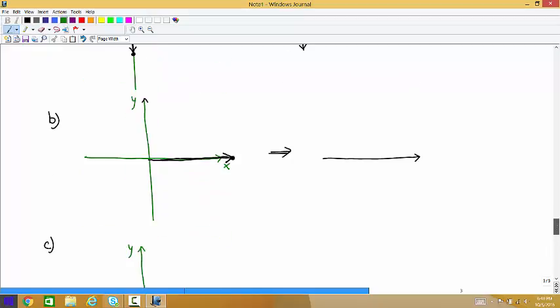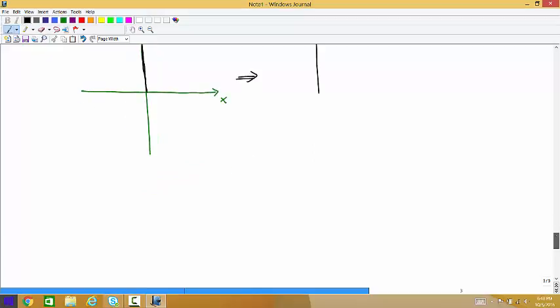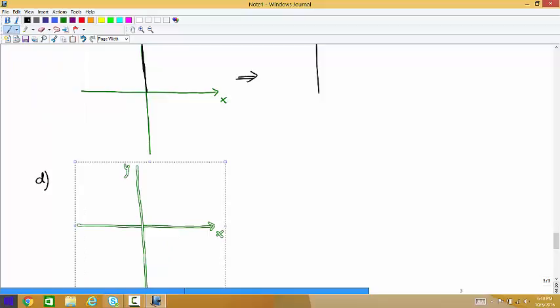And then the next one is 0, +9. So plot the point 0, 9. And then the head's there, and the tail is at the origin. And then the last one, -5, 0.